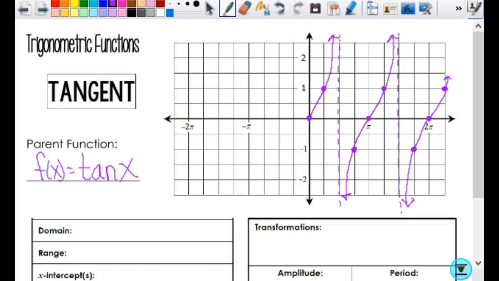These are not sinusoidal graphs because I can't make this into the sine function, but it is a periodic function, meaning that it repeats. Do you see how it repeats? So we should be able to graph the negative side of this graph just by following the patterns here.